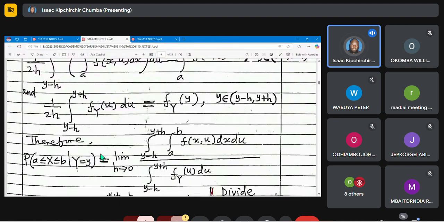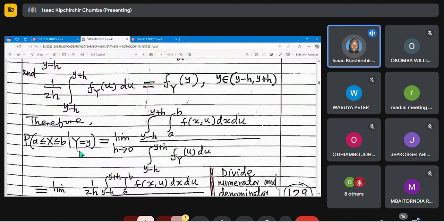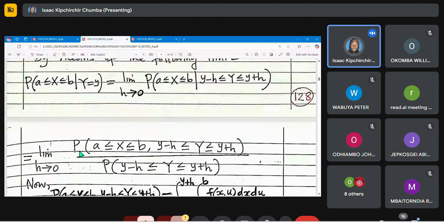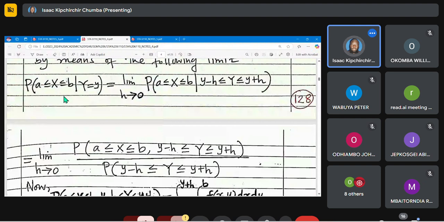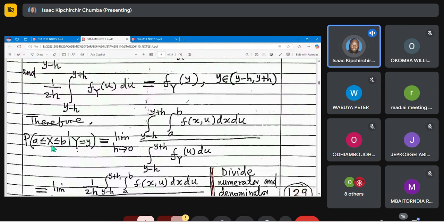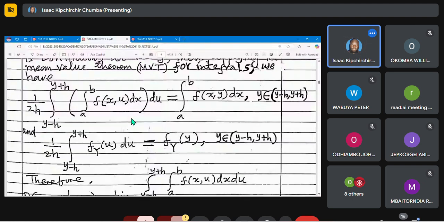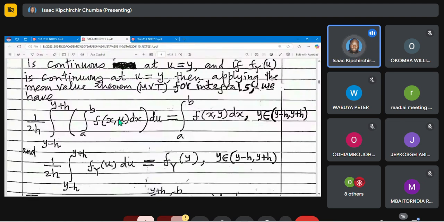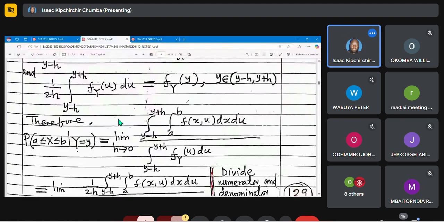So therefore, we can now write what we have defined this result as: the probability that x lies over the interval AB, given that y equals y, is actually the limit as h tends to 0, which we have there. And then we also have this other result in the numerator.